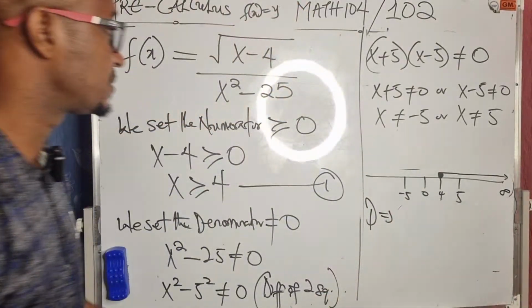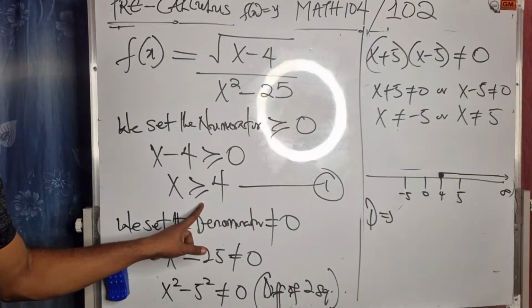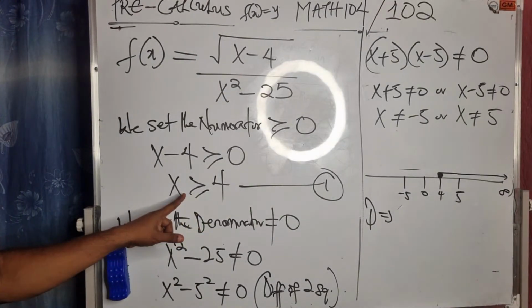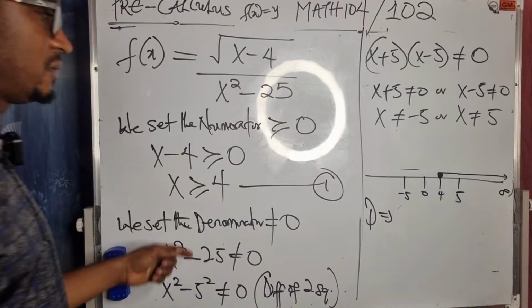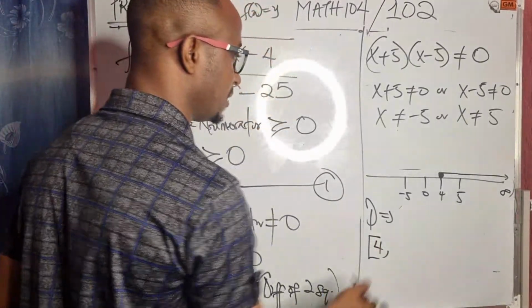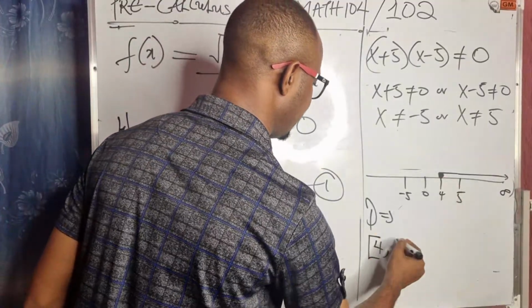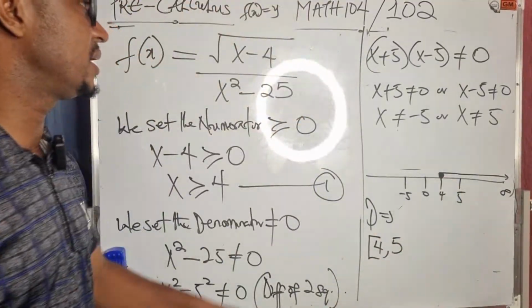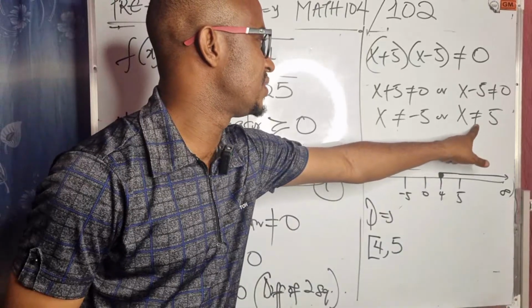Okay, let's check this out. 4 is included because here it says x is greater than or equal to 4. So we have 4, comma, then to 5. Is 5 included? Here we are saying x is not equal to 5.